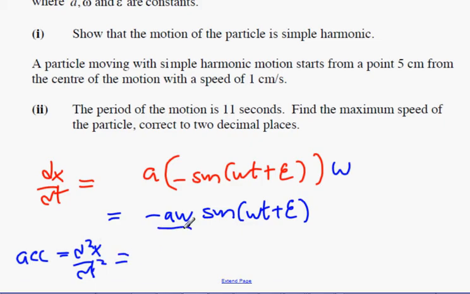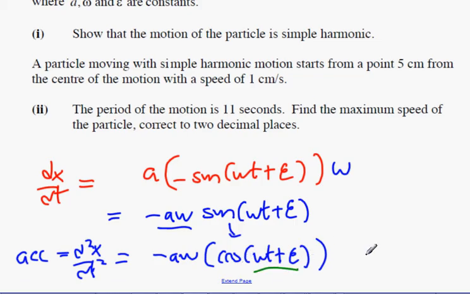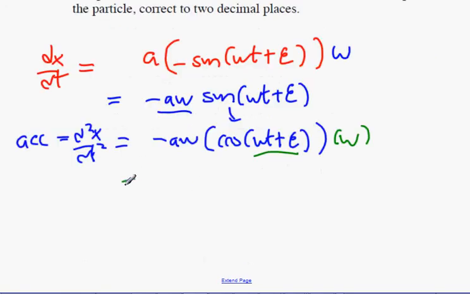Like last time, the two of these go directly down, and then we differentiate this into cos(wt plus e). Then you have to differentiate the angle at the end, which is just w. And then we're going to get minus a w squared cos(wt plus e).